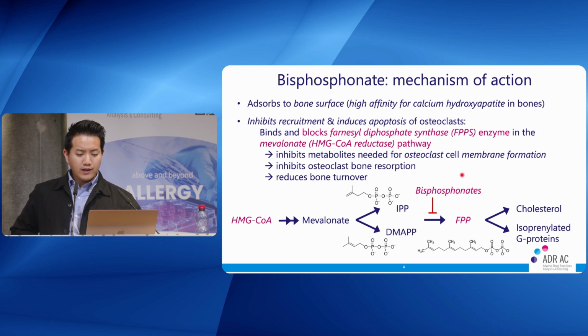So therefore, what ultimately happens is that your osteoclasts are inhibited, and therefore your bones are prevented from being resorbed, and you have less bone turnover, helping then the osteoporosis patients. So why is it important?